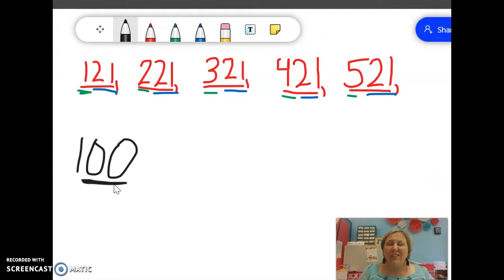So, when I start skip counting, I'm going to make sure that 2 place values stay the same. And since these zeros are in the tens and the ones place value, the tens and the ones place value stay the same. So all that I am having to do is change the hundreds place value. So let's practice. You guys ready?